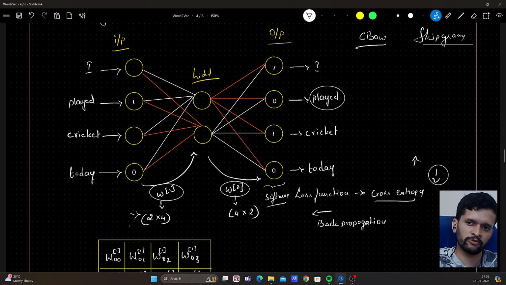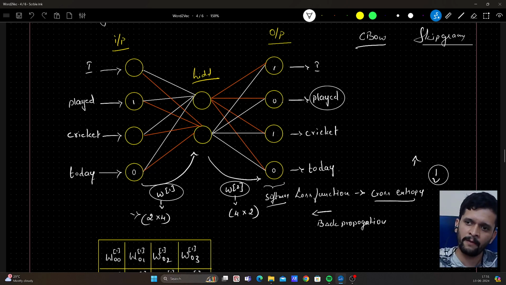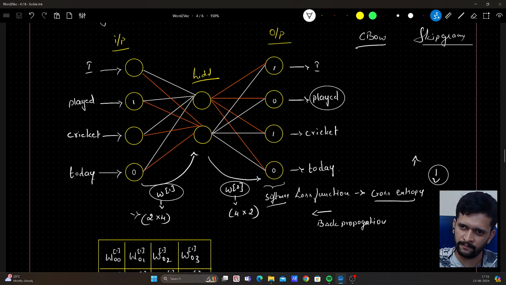Why? Because we have 2 neurons in the hidden layer and 4 neurons in the input layer. And the weight matrix for the second layer will have the size 4 cross 2, because we have 4 neurons in the output layer and 2 neurons in the hidden layer. So we have to always look from right to left in order to determine the shape of the matrix. And this shape depends on the number of neurons present in the hidden, output and input layers.